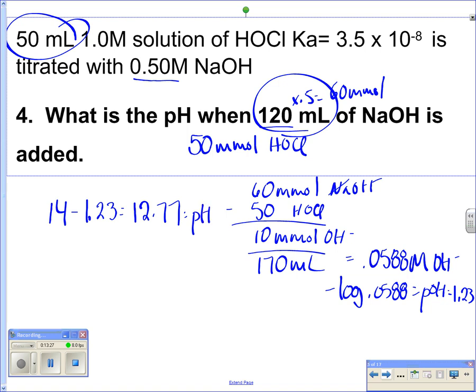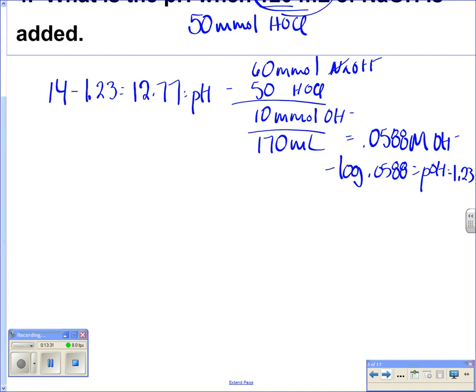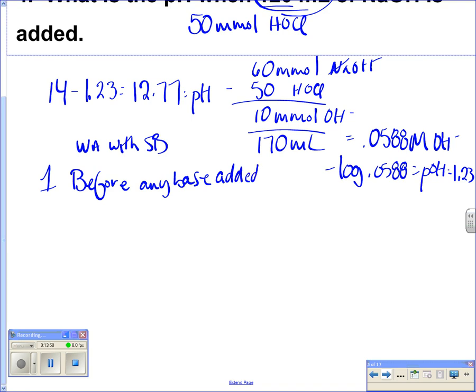So just kind of making sure that you understand the steps. The first step, so this is a weak acid titrated with a strong base. Before any base is added, it's just an x squared over the initial concentration of that acid is equal to Ka.